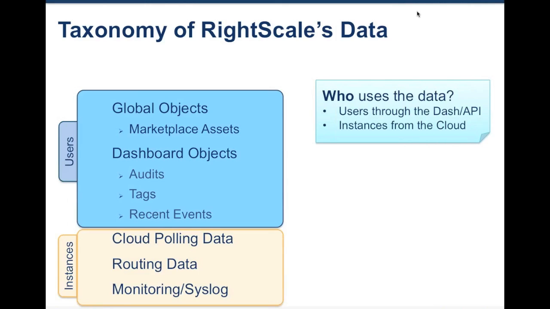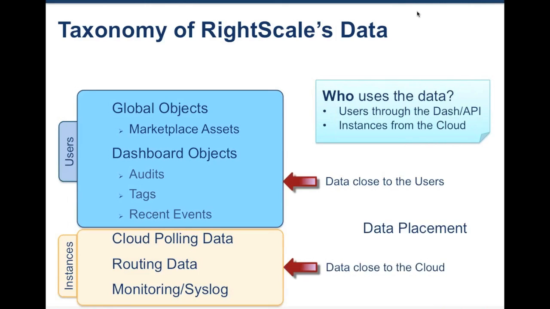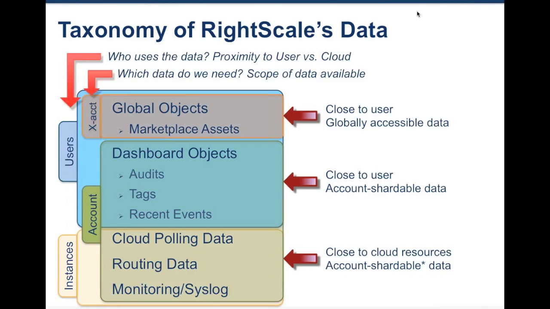Okay. Now, if we combine these two dimensions, all the data can be grouped into three different classes. First, data that has to be close to users and globally accessible. You can imagine that one requires a database that satisfies these requirements.